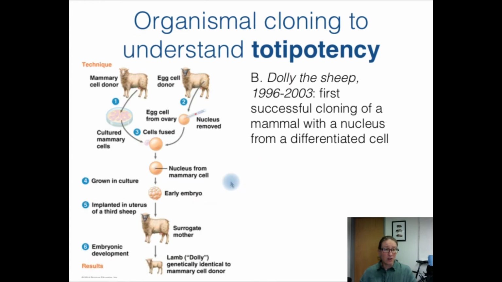So the first animal to be cloned was Dolly the sheep. She was cloned in 1996. And this is the first time that we're actually able to take a nucleus from a differentiated cell and get it to develop back into a full adult animal. So there's been a lot involved in just figuring out the logistics of transplanting nuclei.